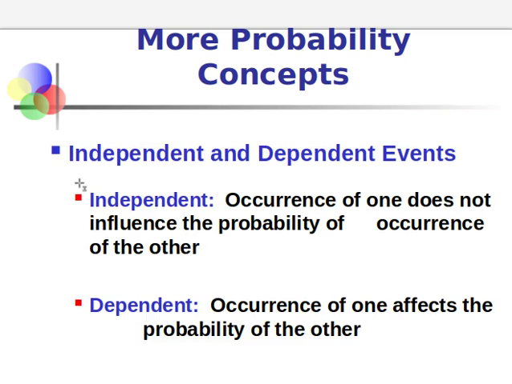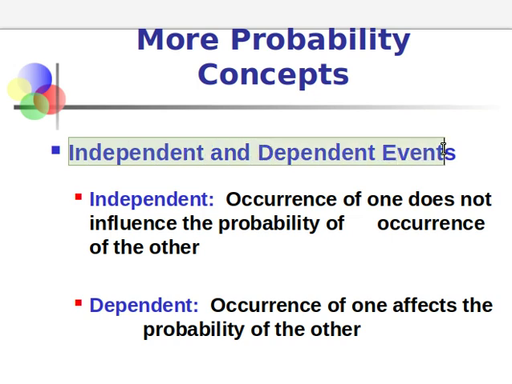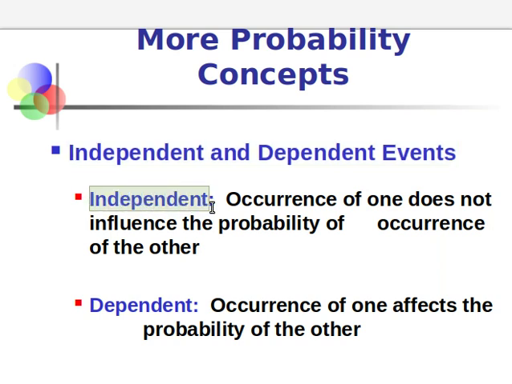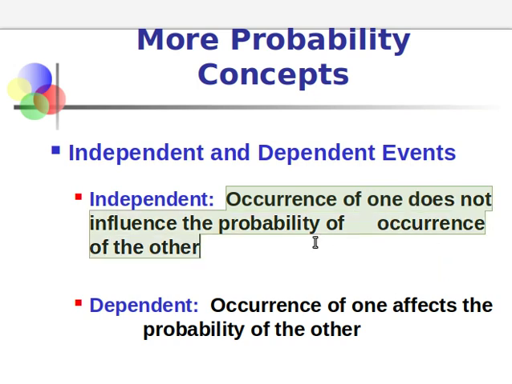Another concept about probability is independent and dependent events. Independent events are occurrences where one does not influence the probability of occurrence of the other.